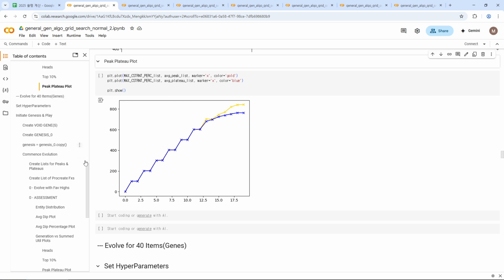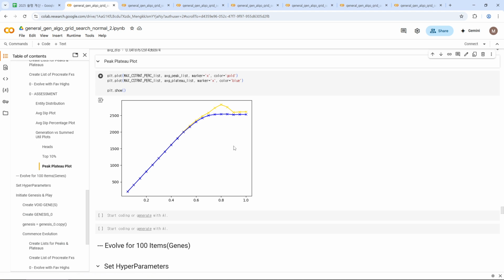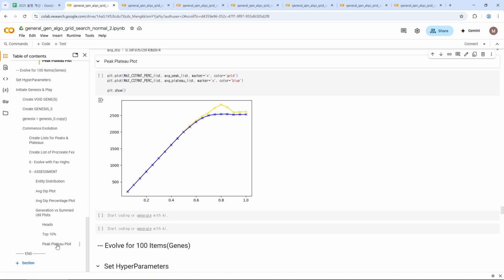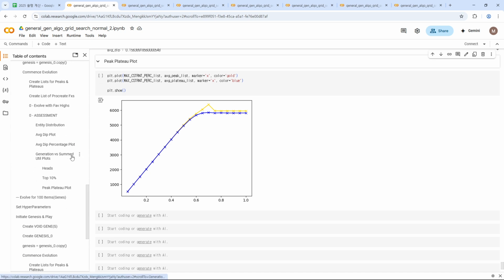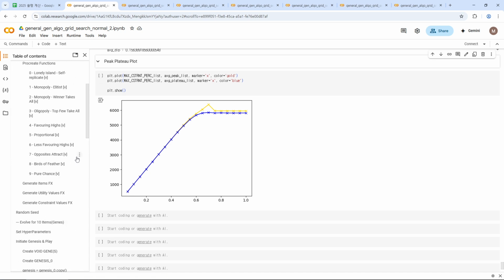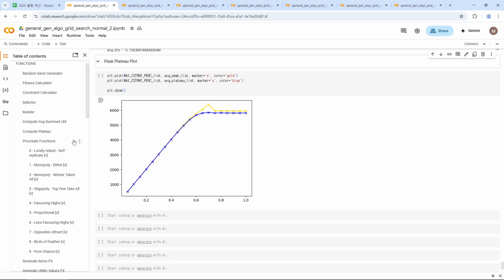For example, towards the end, this is what you get. This is a new plot that I have introduced in order to visualize things, and ultimately for me to understand things better.